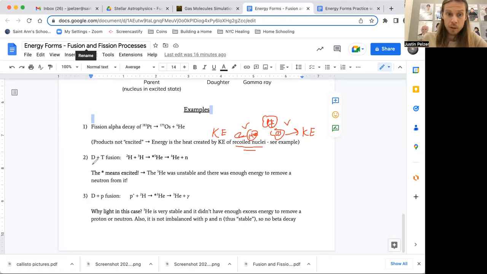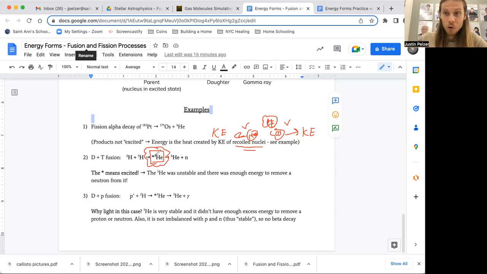Example number 2, deuterium and tritium fusion. 2 plus 3 is 5. Remember we did this in class? There's a secret to the arrow. The arrow that once was here secretly contains an excited nucleus where that energy is stored for a fraction of a second.